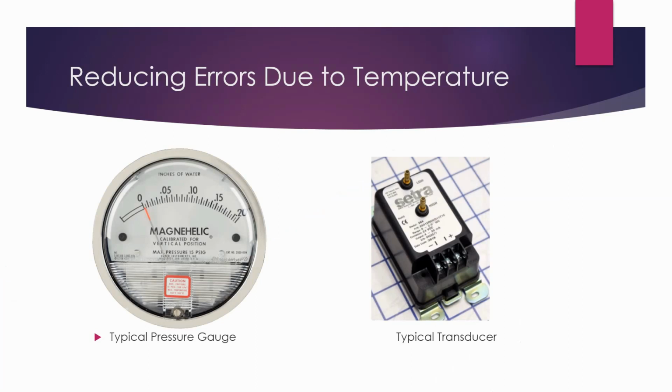So how do we reduce errors due to temperature? On the left there is a typical pressure gauge. It's in the range of building static pressure, with 0.05 inches being the typical set point. On the right there is a typical building static pressure transducer.